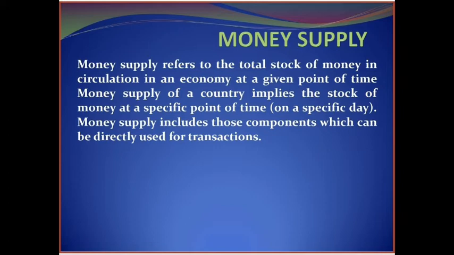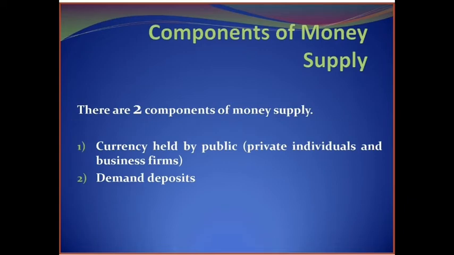The money supply includes two components. These components are also known as transaction money. So, what are the two components of money supply? The two components of money supply are currency held by public and demand deposit. Currency held by public includes both private individuals and business firms.